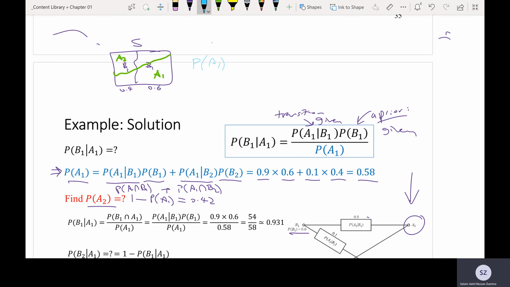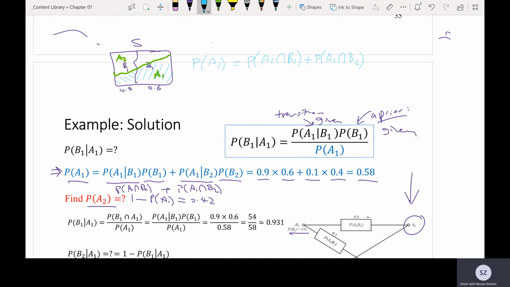A1 has 2 parts: A1 intersects B1 and A1 intersects B2. So basically this is the probability of A1 intersect B1 plus the probability of A1 intersect B2, and then you apply the conditional probability. So this is basically using a Venn diagram.